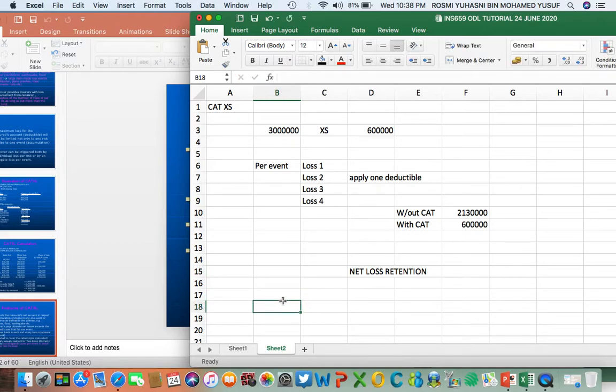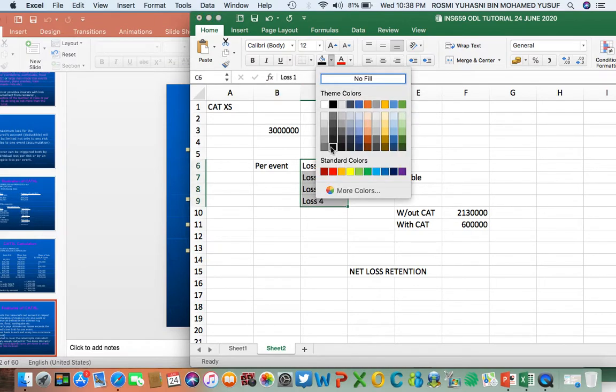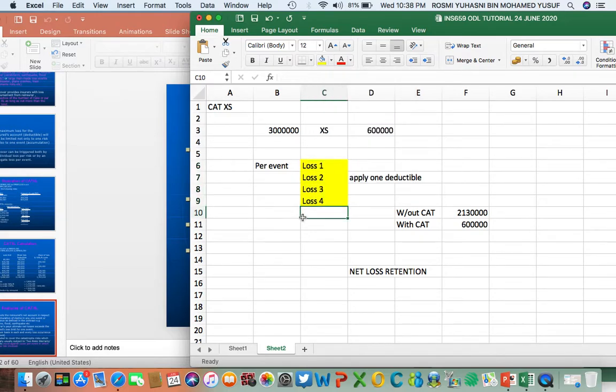Okay, it must cover more than one risk. For example, here, there are 4 claims. And these 4 claims arise from the same event, meaning that catastrophic will cover these 4 losses.